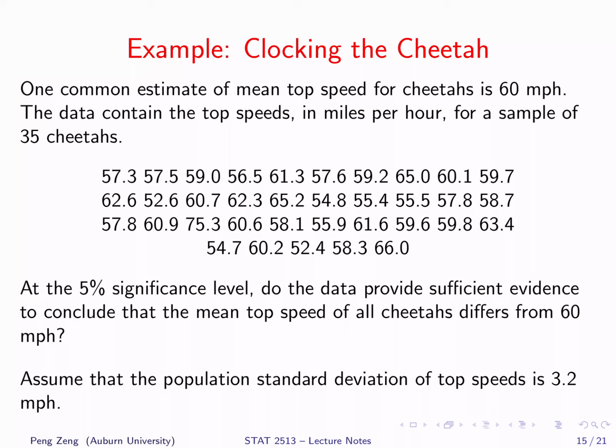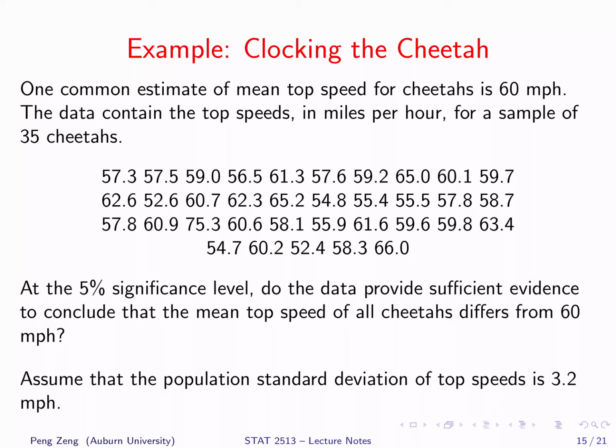At the 5% significance level, do the data provide sufficient evidence to conclude that the mean top speed of all cheetahs differs from 60 miles per hour? Assume that the population standard deviation of top speed is 3.2 miles per hour. Because the population standard deviation is known, this is a one-mean z-test problem.